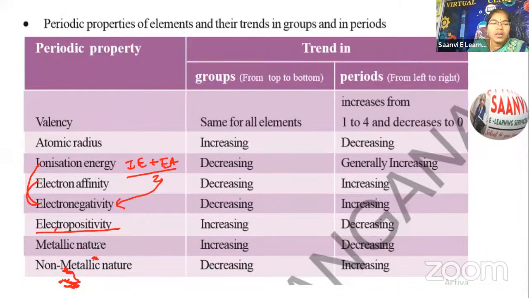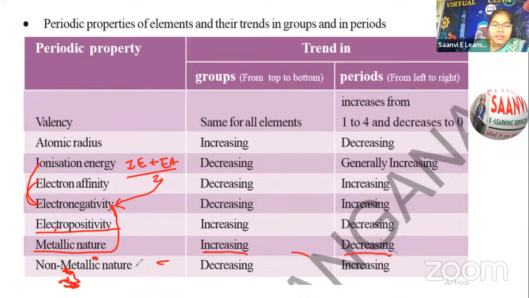Next, coming to metallic nature. Just now we discussed that metallic nature is less with electronegativity. That's why in the groups it is increasing, and in the periods it is decreasing.